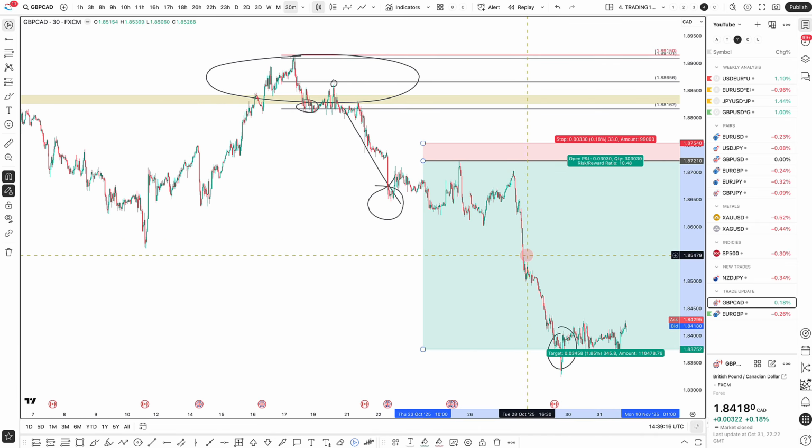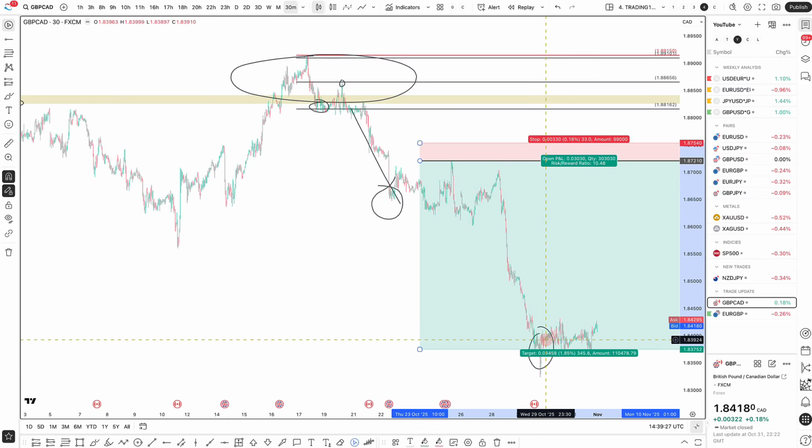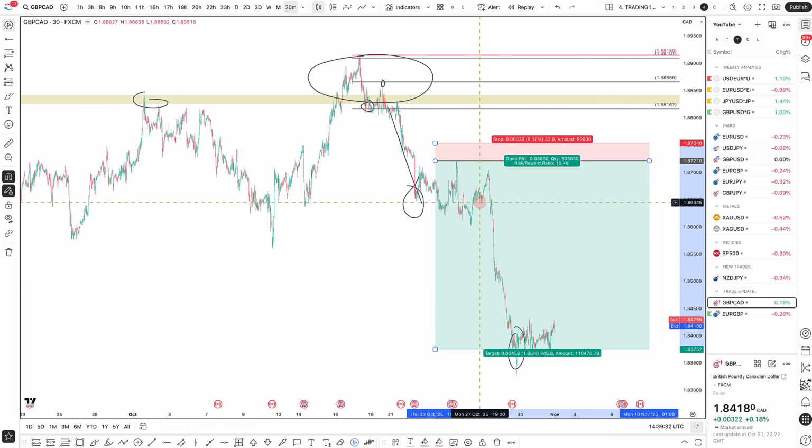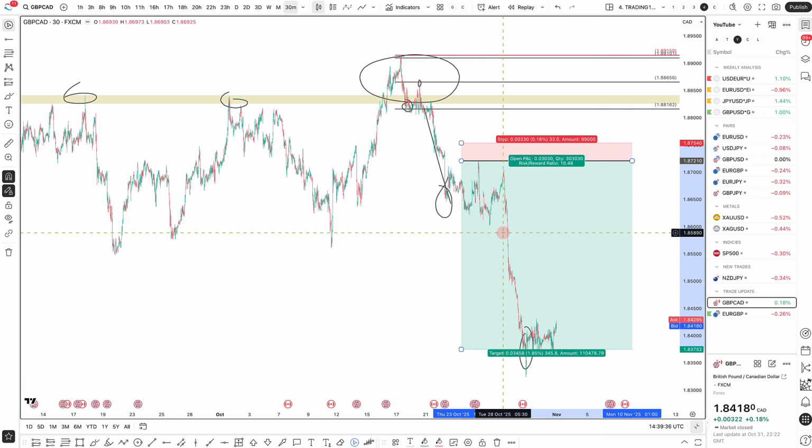Prices had kind of created these unfair auctions, kind of moved a bit parabolic. So ultimately, when prices tend to move like that, then you will get a pullback. So I thought I'd just take the rest of the profit. So really got in up here, managed to take profit down here. Really nice, a good few hundred pips profit on that one.